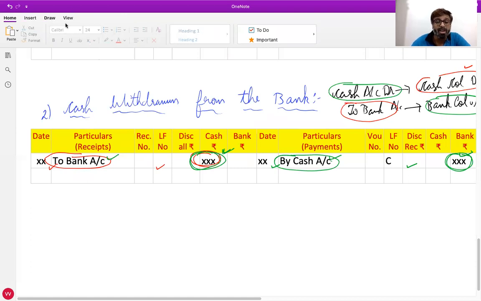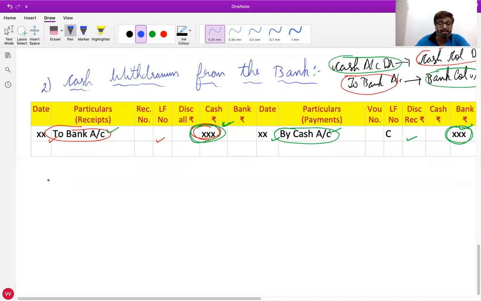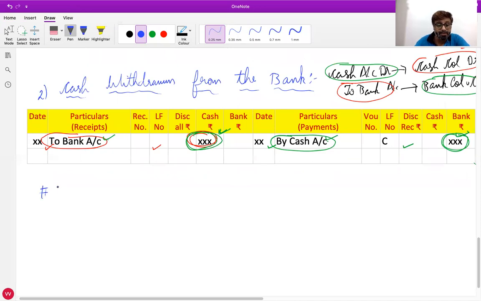For three columnar also, all of you write some notes. Three columnar cash book. See, cash balance will always come on which side?